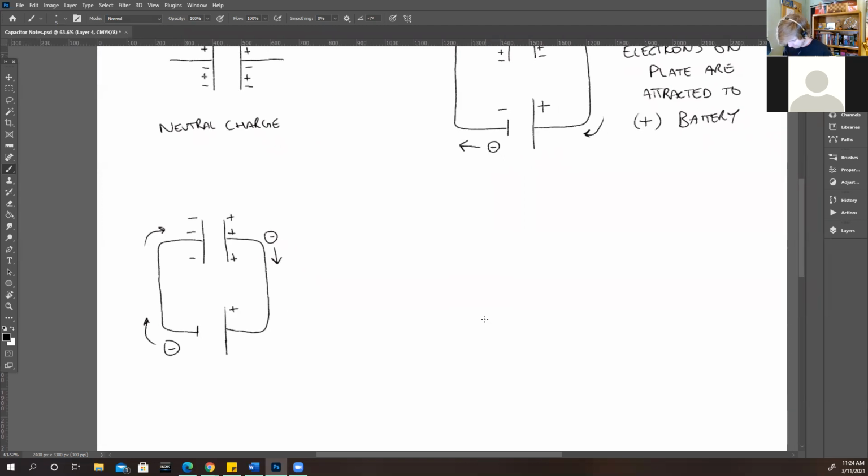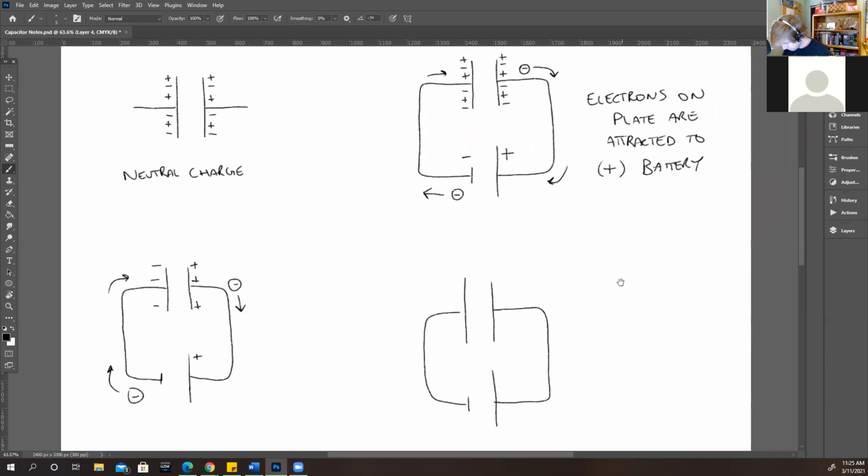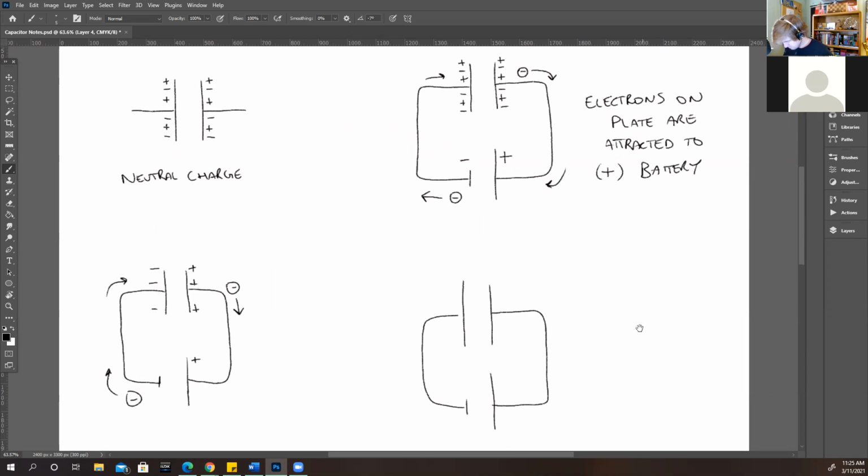Okay, and that's sort of the intermediate step. What we finally get to is a case where near all of the electrons, not necessarily all, there's this big separation.